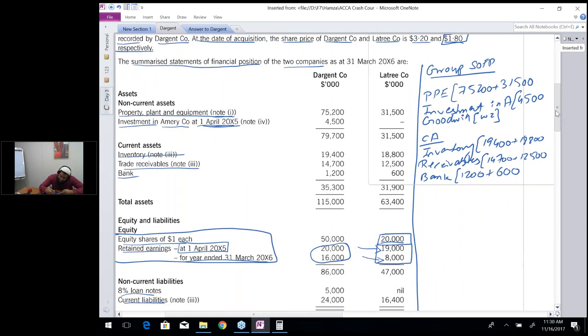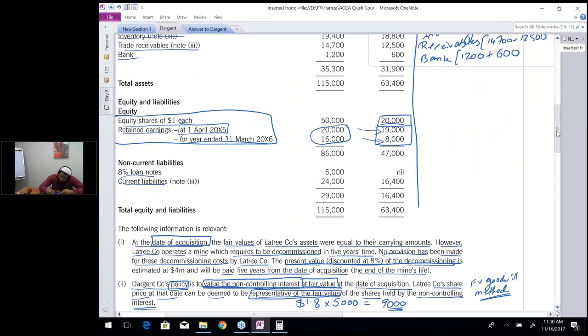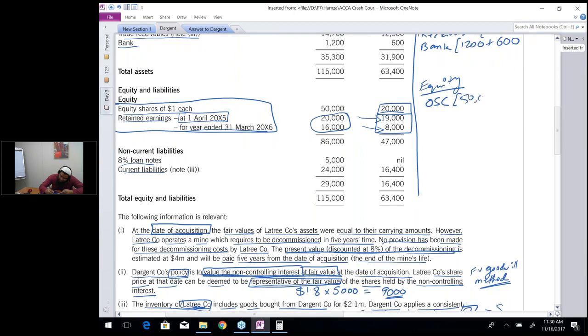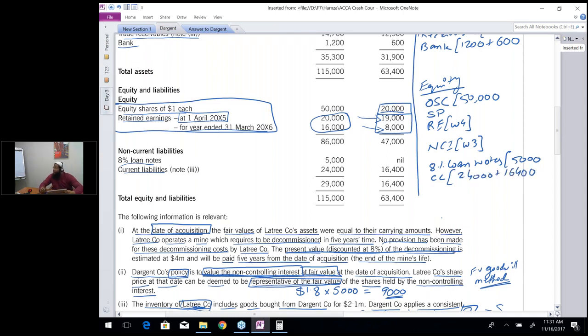On the credit side, we are going to write equity, and we have ordinary shares of parent, which are 50,000. We have also created a share premium in the double entries. And then we have retained earnings, which we have calculated in working number 4, and NCI calculated in working number 3. And then we have 8% loan notes, which are 5,000 of the parent. And then we have current liabilities, 24,000 of parent plus 16,400 for the subsidiary.